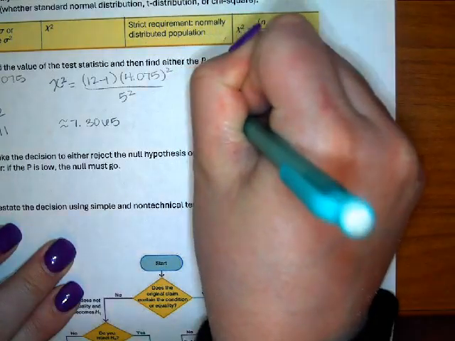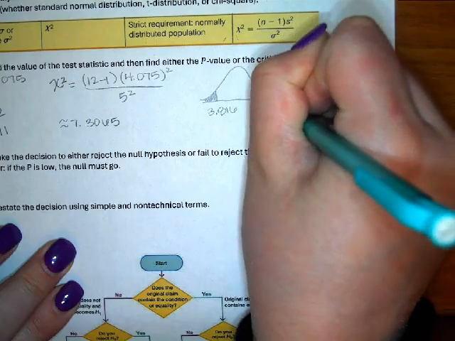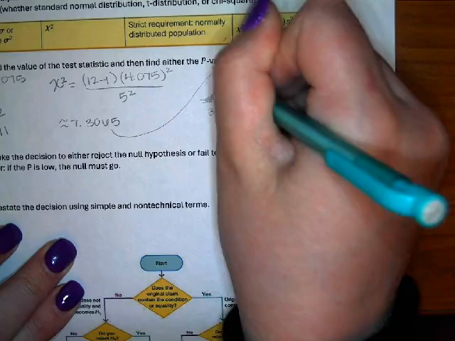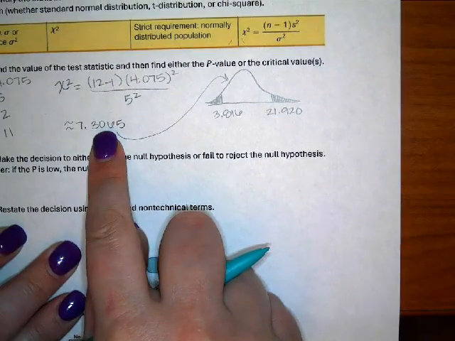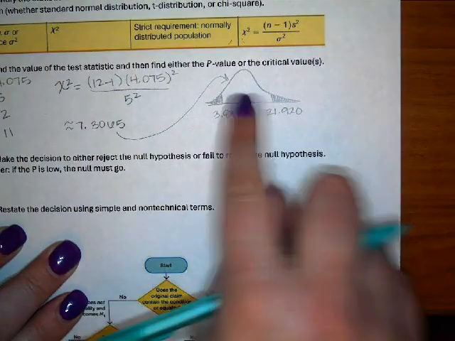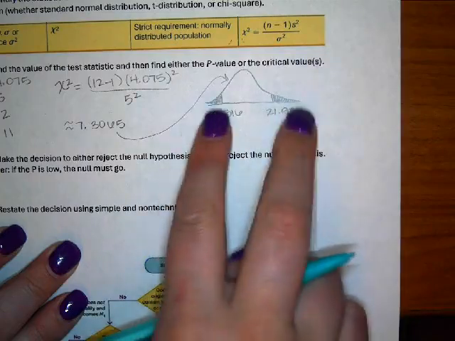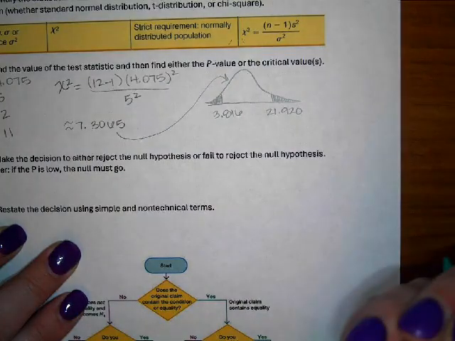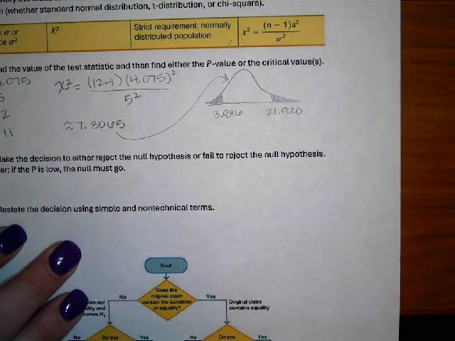So 7.3065 is in between the two critical values. It is not in those rejection zones or those rejection regions. So we are about to fail to reject the null hypothesis. But we're going to go ahead and do it with the p-value, even though we just figured it out based on the critical values.